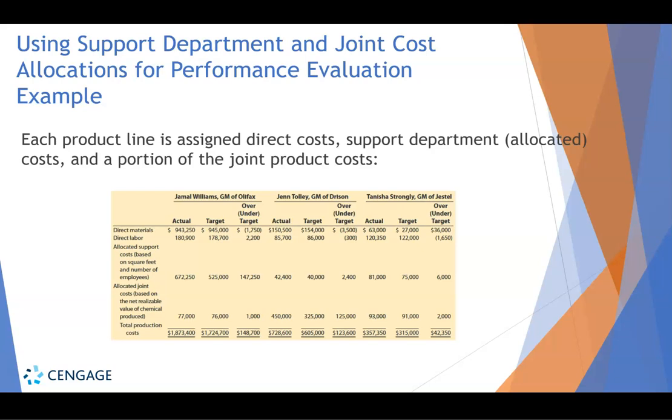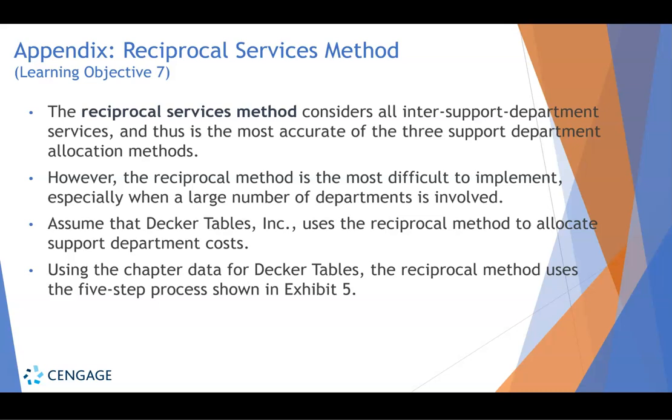Preliminary analysis of this indicates that Tanisha's the top performer because she's closest to target. Then it would be Jen and then Jamal, but it's likely that this ordering may switch to Jen, Jamal, and Tanisha after further analysis.